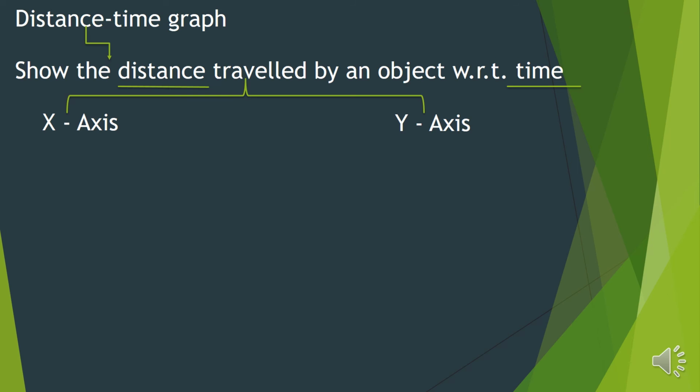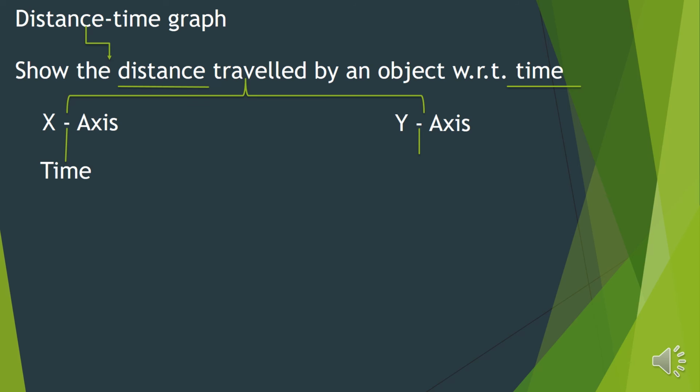Time doesn't wait for anyone. Right? It will keep on moving. So time क्या हो गया? Independent quantity. Independent quantity को हम कहाँ दिखाते हैं? X axis. So on the X axis we will show time.